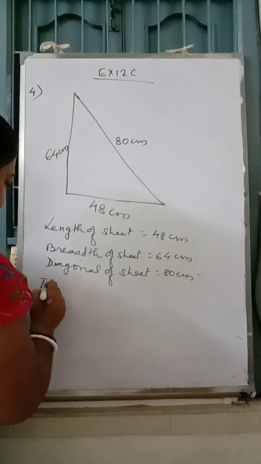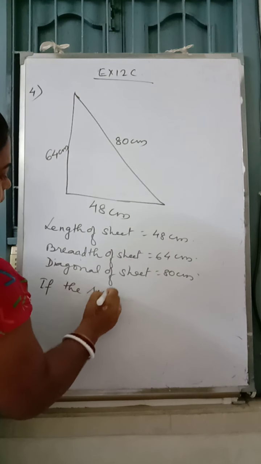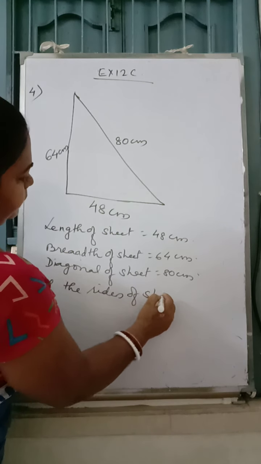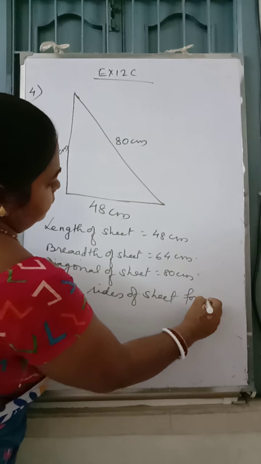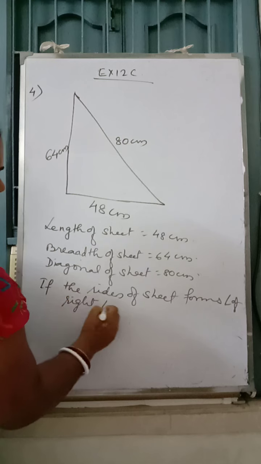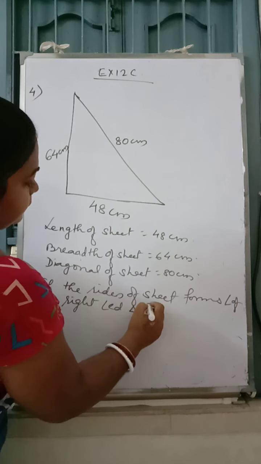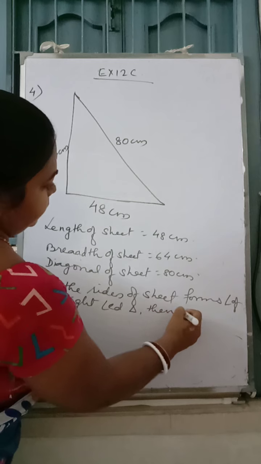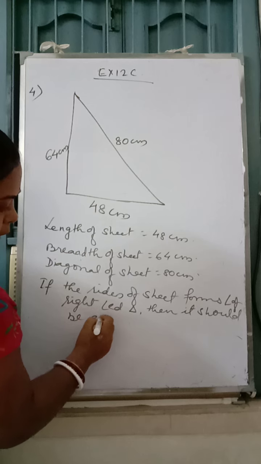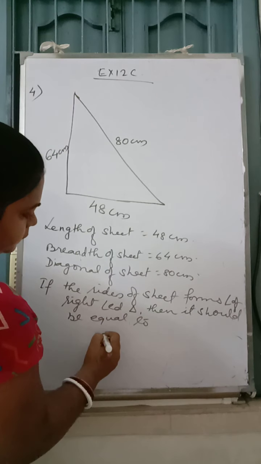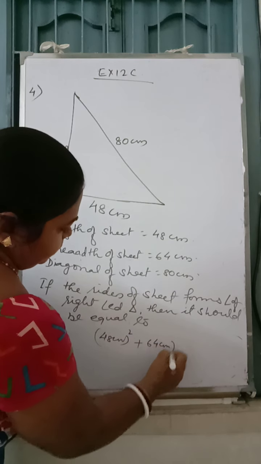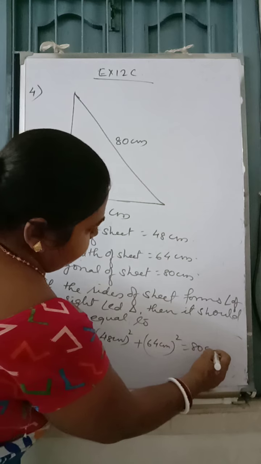If the sides of sheet form a right angle triangle, then it should be equal to 48 centimeter square plus 64 centimeter square is equal to 80 centimeter square.